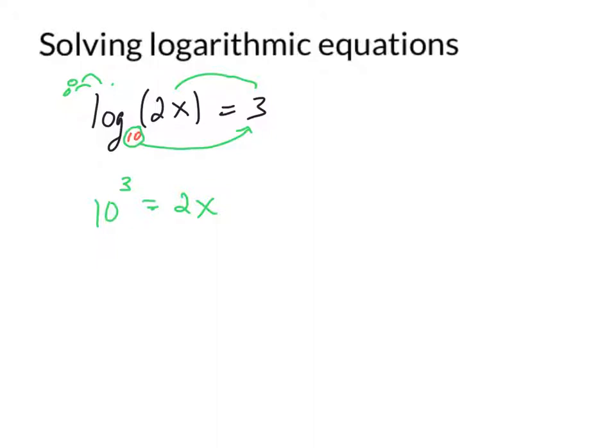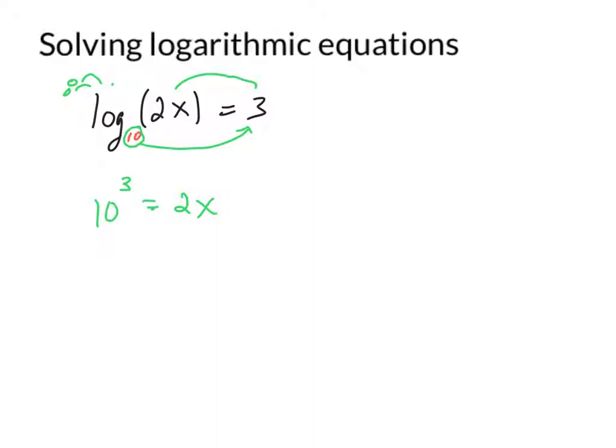And so what I have down here, 10 cubed equals 2x, looks like something that I already have tools to solve. The reason that I'm going to get a logarithm on one side and a number on the other is so that I can do this: I can use the snail and go to the exponential form, which I already know how to solve.